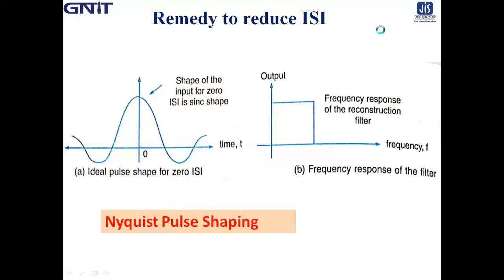It has been proven that the function which produces zero ISI is basically a sinc pulse or sinc function. Hence, instead of a rectangular pulse, if we transmit a sinc pulse, then ISI can be reduced to 0. And this is called Nyquist pulse shaping.